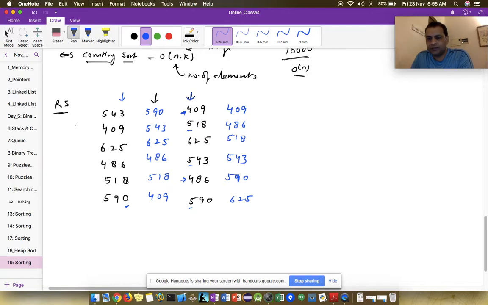We may be given a huge set of numbers, but all the digits are between 0 and 9, so counting sort fits. Counting sort takes on the order of n time, and because we have 3 digits, we apply counting sort 3 times. So it takes on the order of 3n, which is again on the order of n. In linear time we are able to sort it.